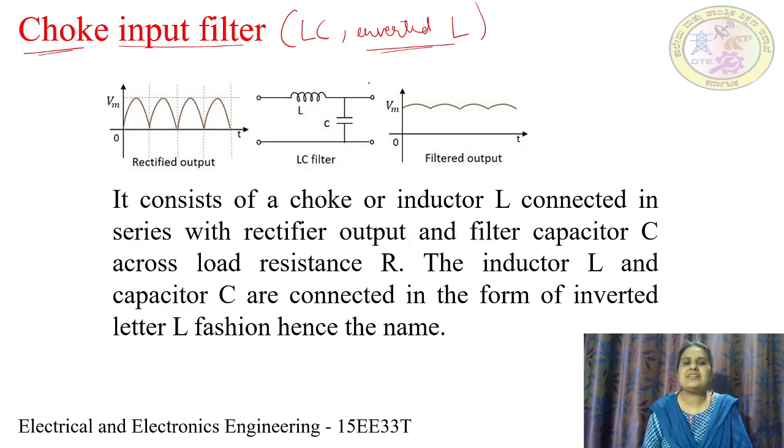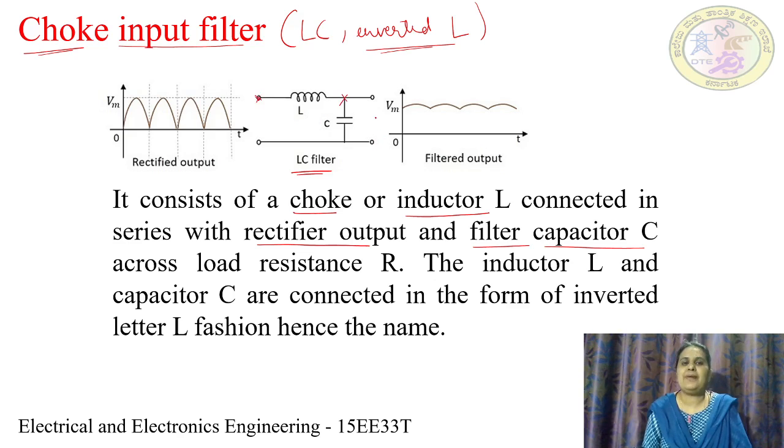Okay, what does the LC filter consist of? It consists of a choke ಅಂದ್ರೆ inductor L, which is connected in series with the rectified output and the filter capacitor. Capacitance point ಮತ್ತು rectifier point ನಡುವೆ series ಅಲ್ಲಿ ಇದೆ.